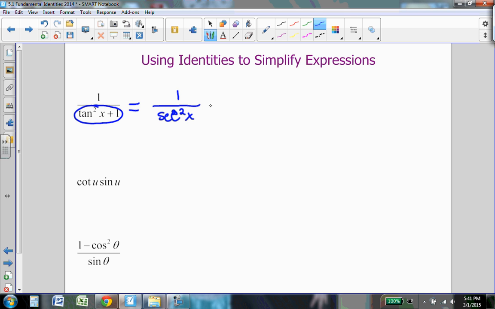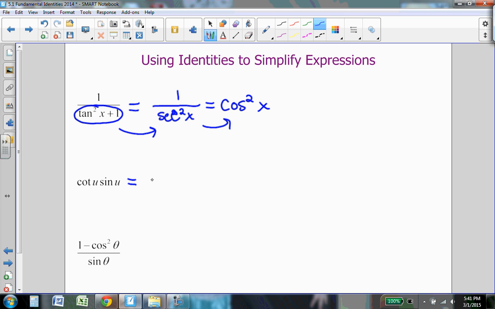That's over 1. And if I've got a secant down in the denominator, that means that I'm really working with a cosine. 1 times cosine squared, or just plain old cosine squared of x. So from here to here, we used a Pythagorean identity, and from here to here, we used a reciprocal identity.